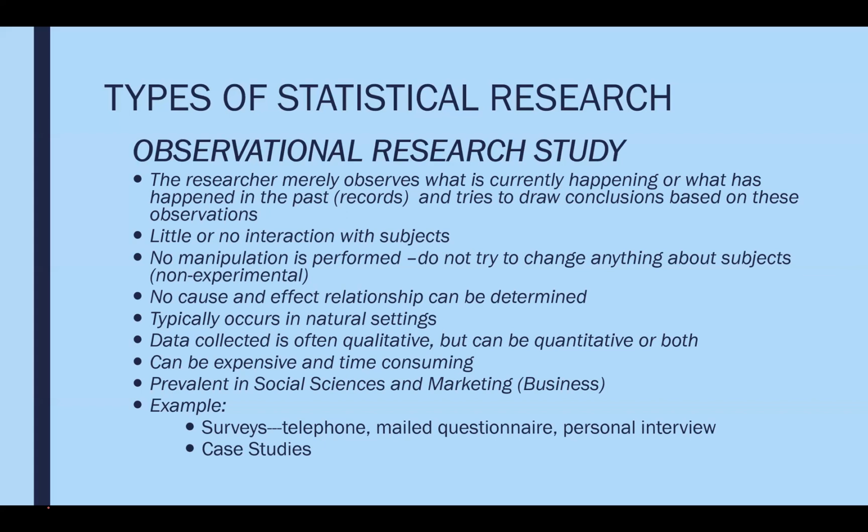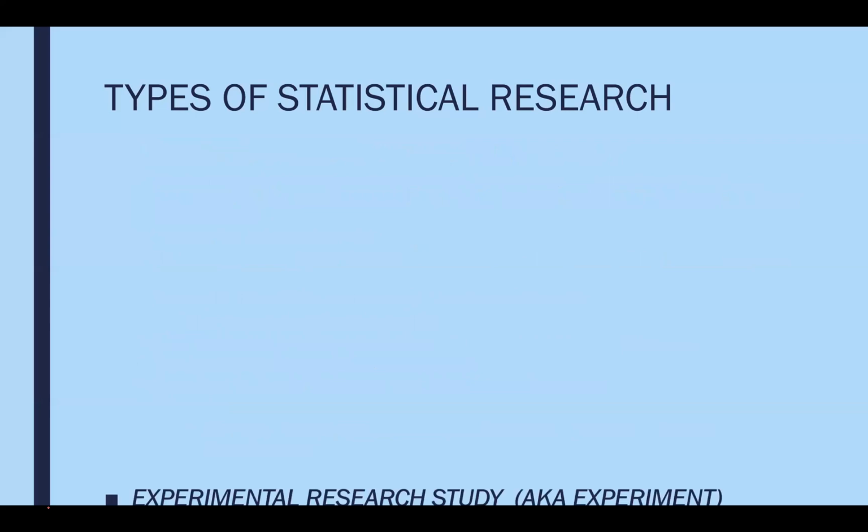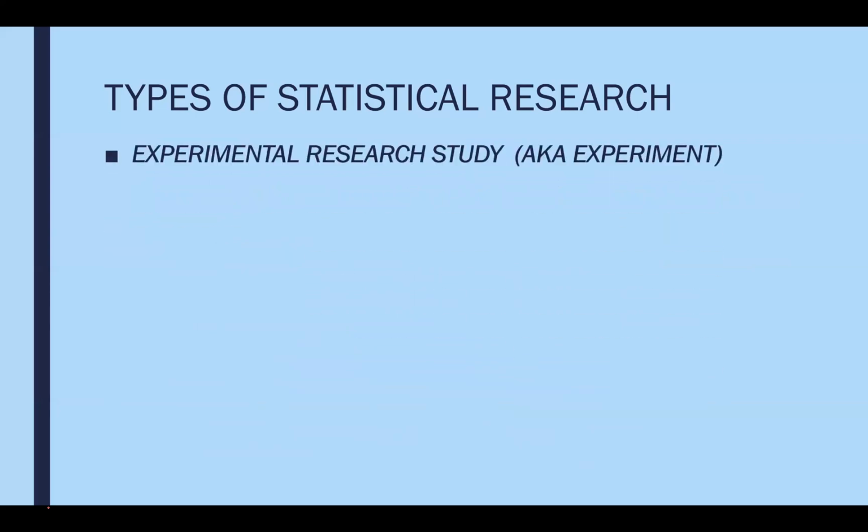The second type of research study that we do is an experimental research study, or sometimes we just call it an experiment. Okay, so observational, again, just think you're doing observation. Again, I think about it like people watching.